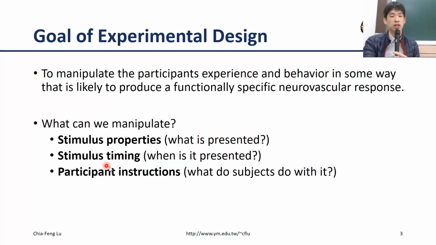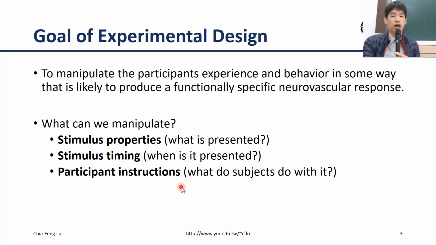The second part is the stimulus timing. The timing is also a key issue: what kind of stimulus you are going to arrange, and how tightly it will be delivered. It can be delivered in a very, very loose way, but it may keep your subject in a very boring state. You should understand this point. And the final one is the participant instruction.